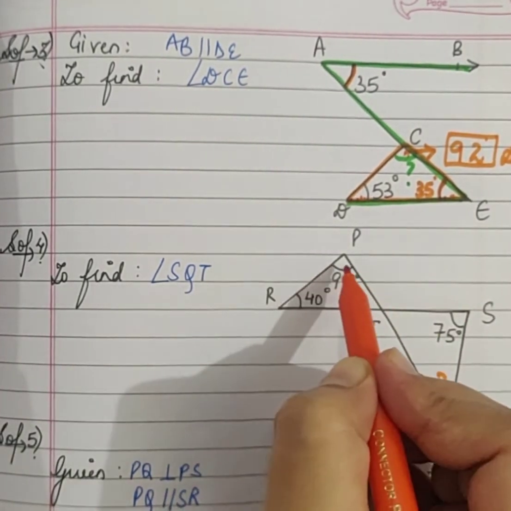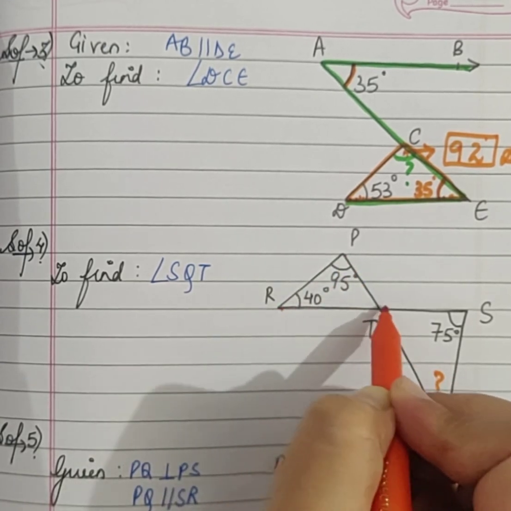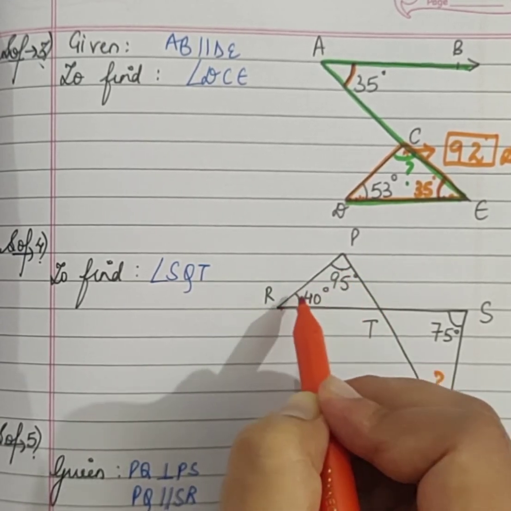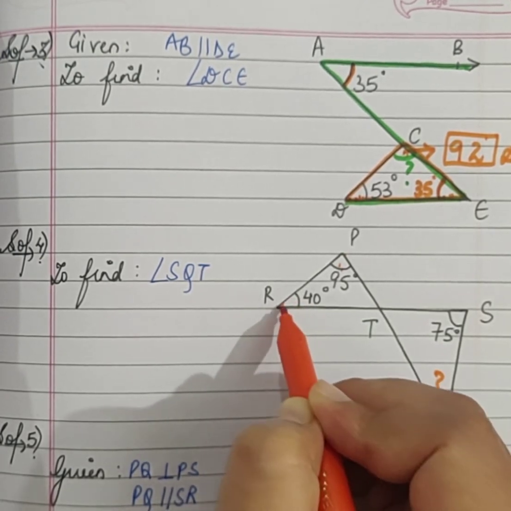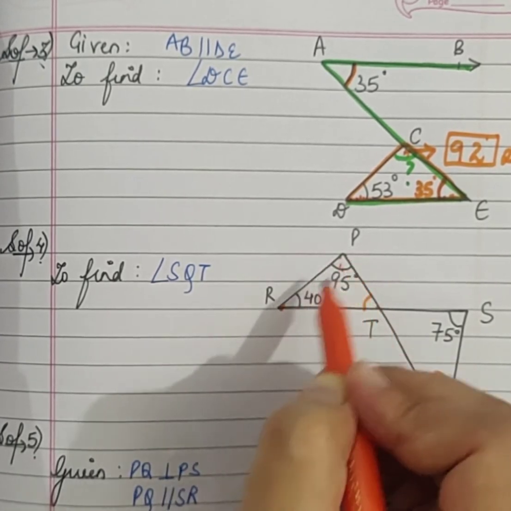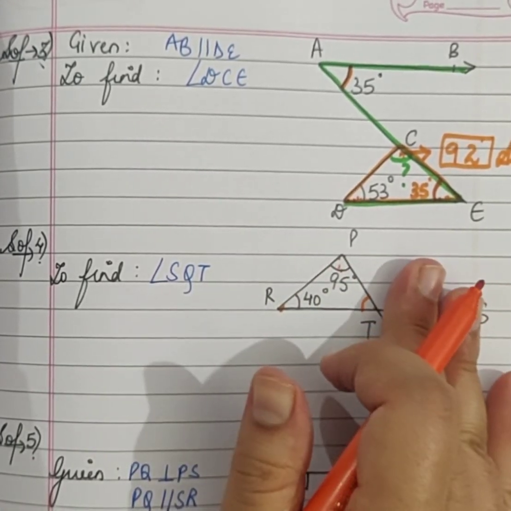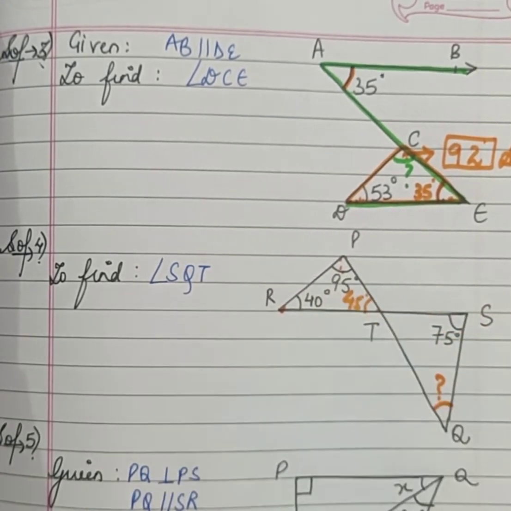Now if I consider this triangle PRT, in this triangle 95 degrees, that means angle P plus angle R plus angle RTP, this angle, they will sum up to 180 degrees due to angle sum property of a triangle. So this angle will turn out to be 45 degrees from here.